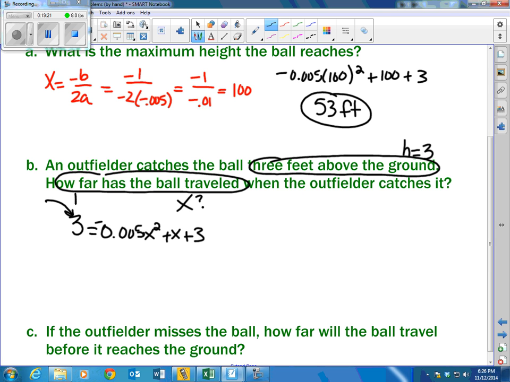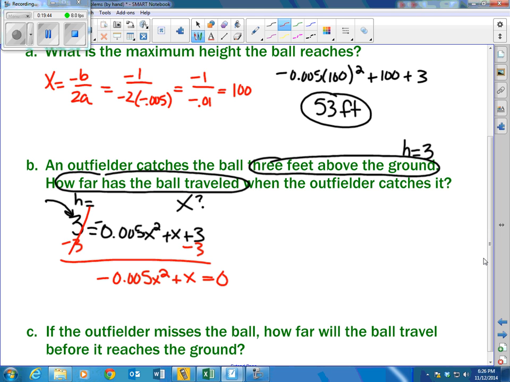The equation goes h equals, so the height is 3. Now I'm going to solve by subtracting 3. And then I get negative 0.005 x squared plus x, and I have it equal to 0. Those 3s cancel, so I have it equal to 0.